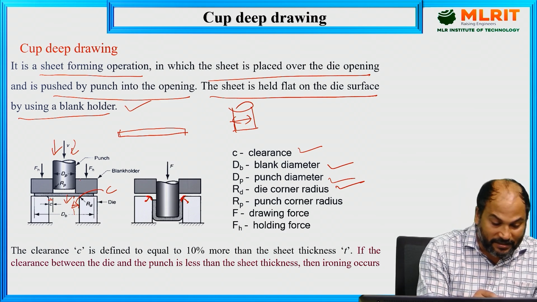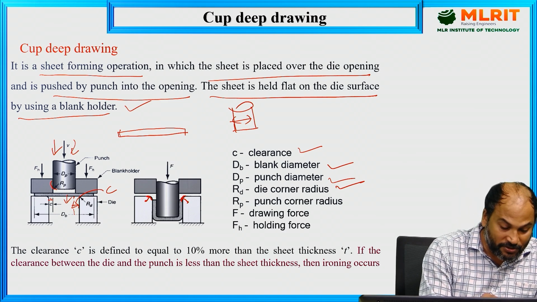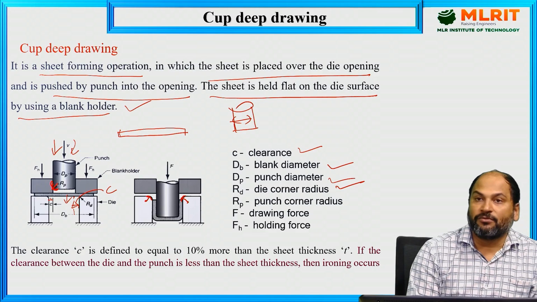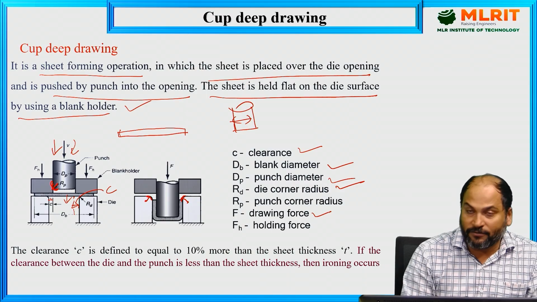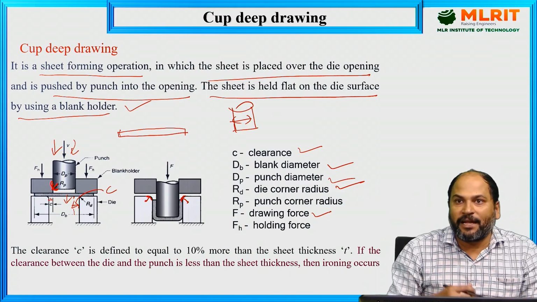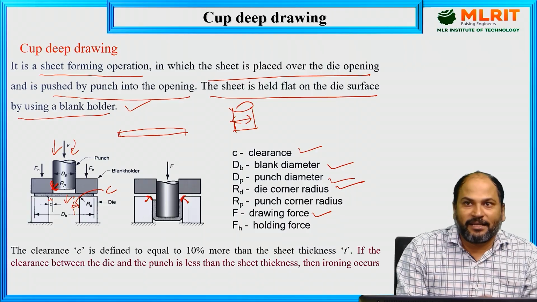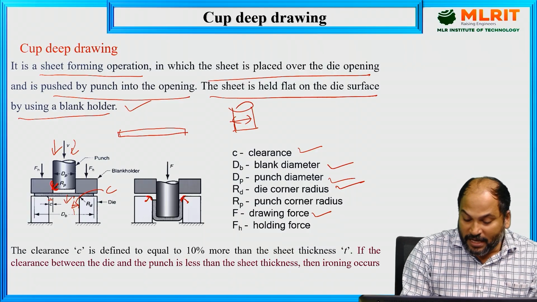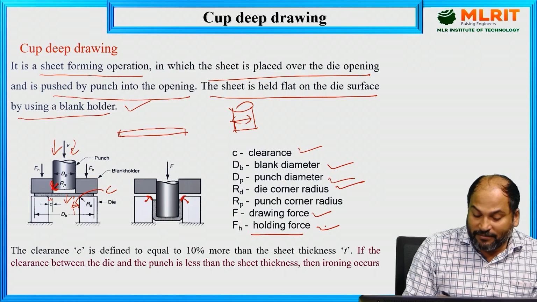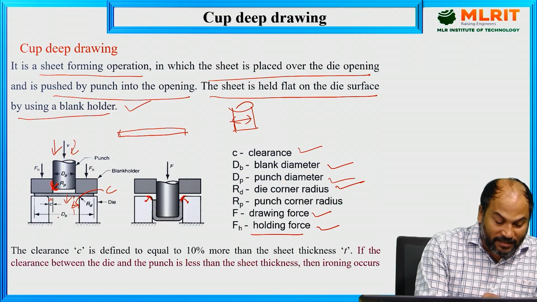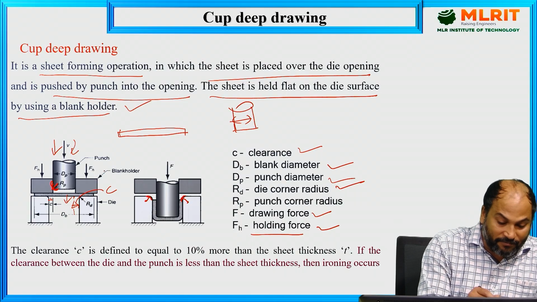Similarly, here is the punch, and whatever this radius is, this is known as the punch radius. So many technical terms are there. Then we have the drawing force, meaning the force we are applying to change that blank into that particular shape. And of course we have the blank holding force, given by Fh.